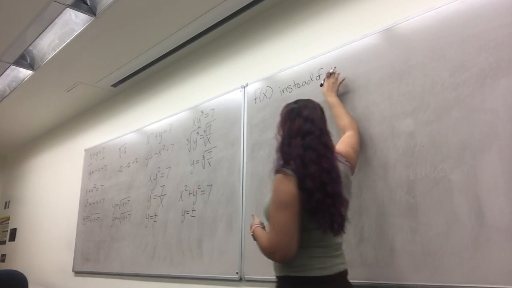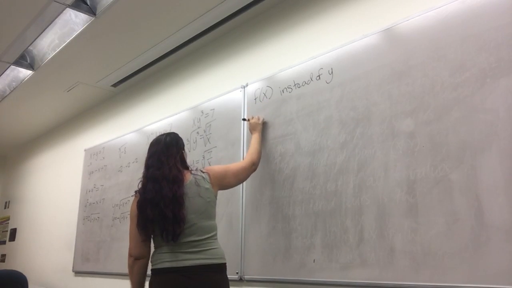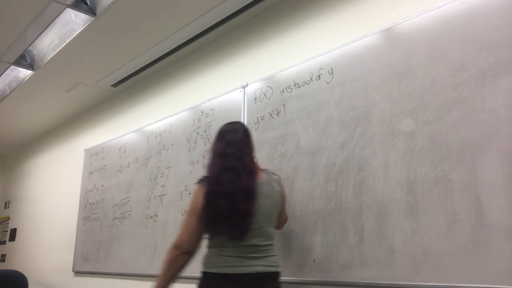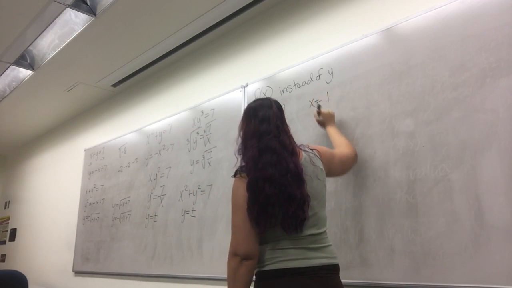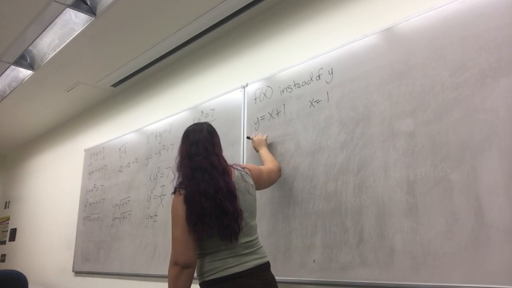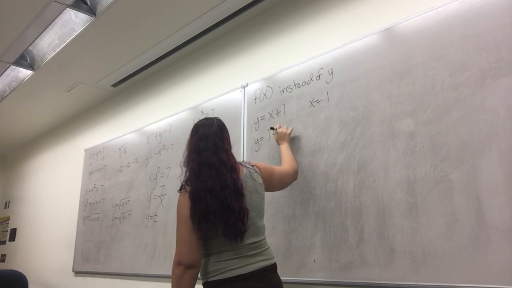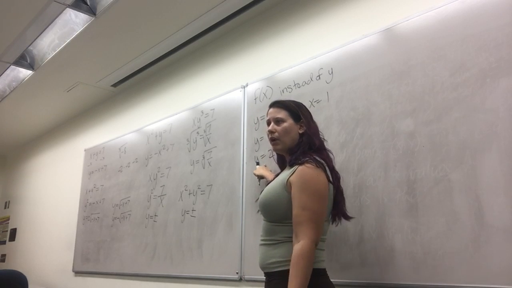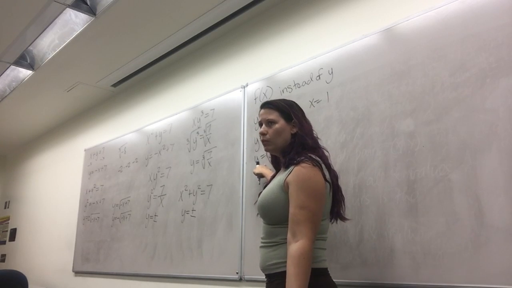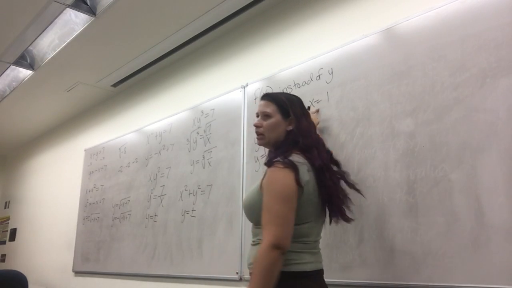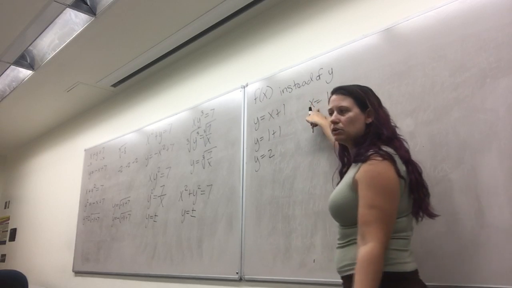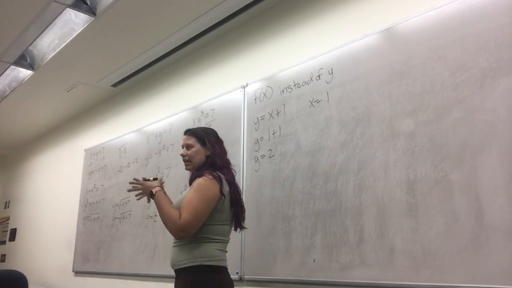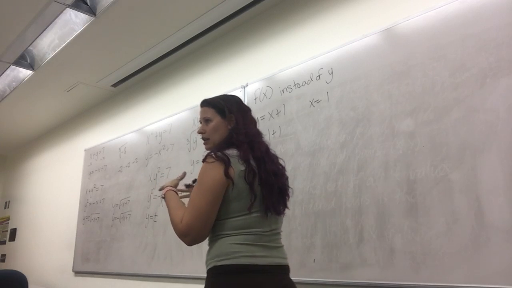So if we have y and we plug in, let's just do something easy, x equals 1, we get 1 plus 1, so y equals 2. Well, where did that y equals 2 come from? We have to go back up to where we plugged in to see that we plugged in x equals 1. Function notation is handy, and it keeps it all right there for us.